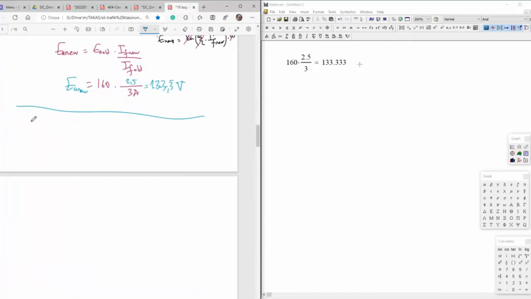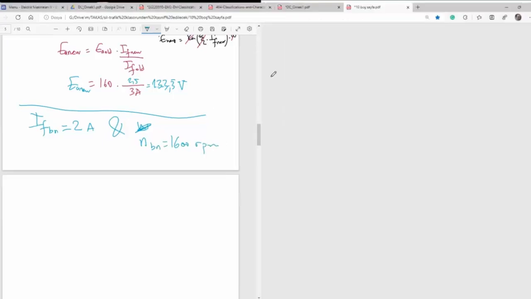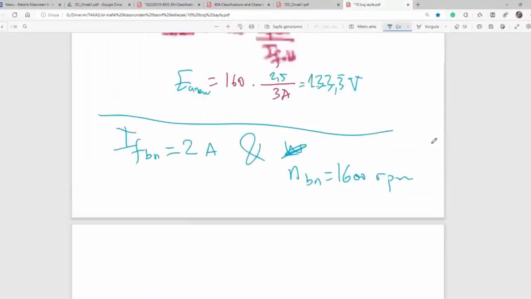Let's say If brand new value is 2 amps, and speed brand new is 1600 RPM.